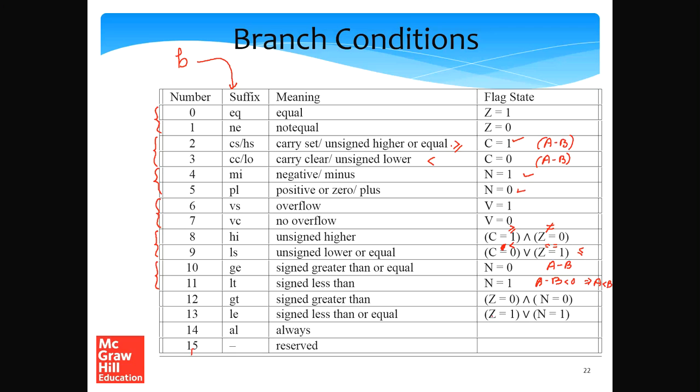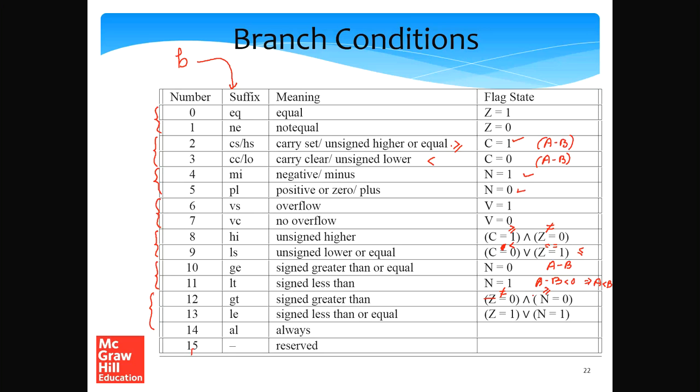Similarly, let's consider GT and LE, which is similar to the unsigned operands HI and LS that we introduced. GT means signed greater than. This means the Z flag is 0, so the numbers are not equal, and N equals 0, which means the numbers are greater than or equal.